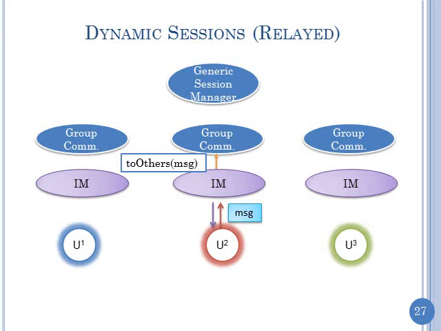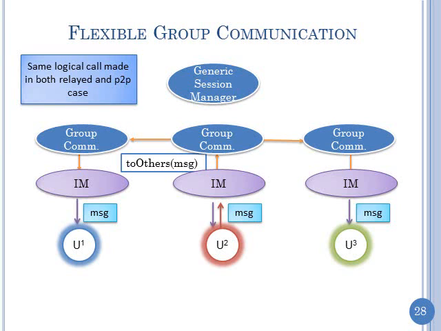The library could send it directly, or it could send it to the session manager. So for the same call, it could be processed in 2 different ways. Okay, in this case, relay, and in another case, directly.